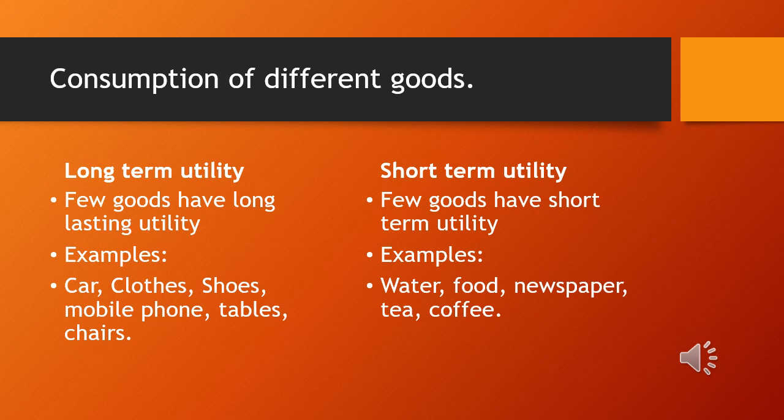Examples: car, clothes, shoes, mobile phone, tables, chairs. These things are not purchased on daily basis, while few goods have short-term utility. Examples: water, food, newspaper, tea, coffee.